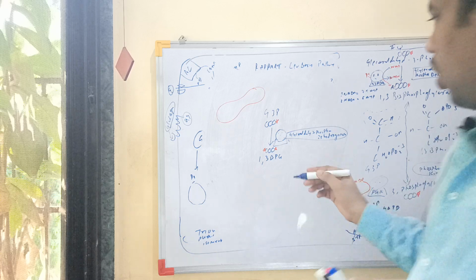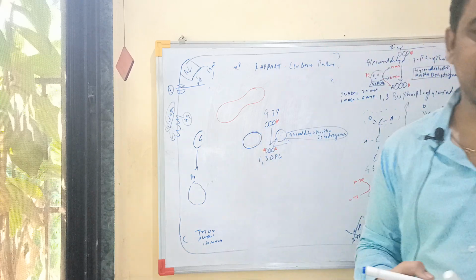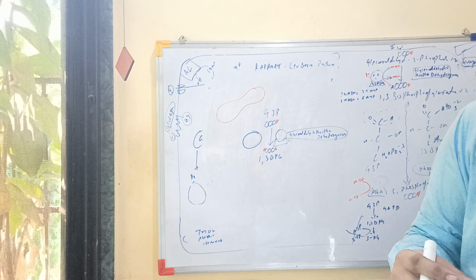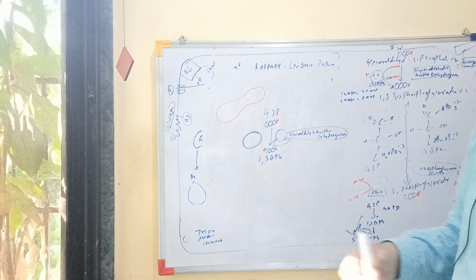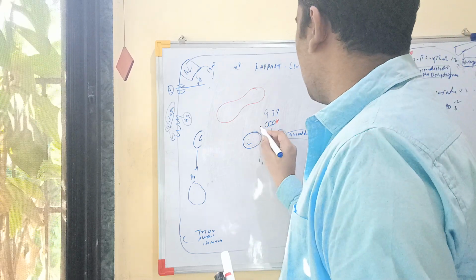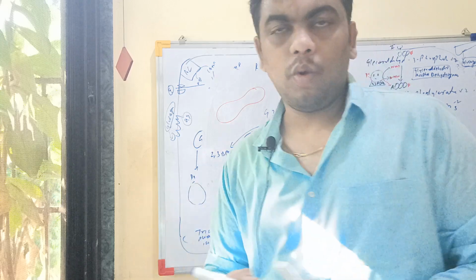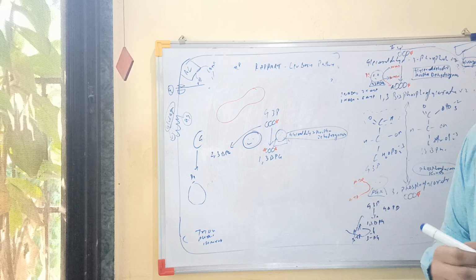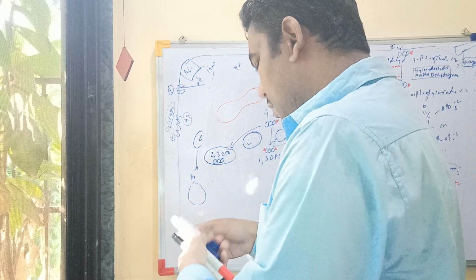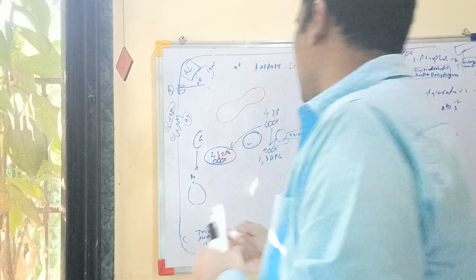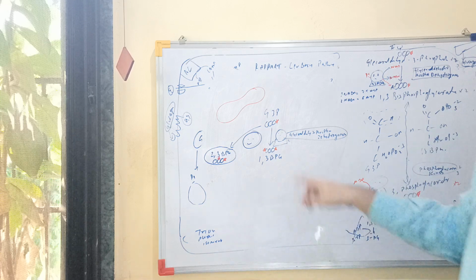There is an enzyme which is called bisphosphoglycerate mutase, and this enzyme makes one molecule which is not 1,3-BPG, but 2,3-BPG. It is again a 3-carbon molecule with phosphates at the 2nd and 3rd positions.